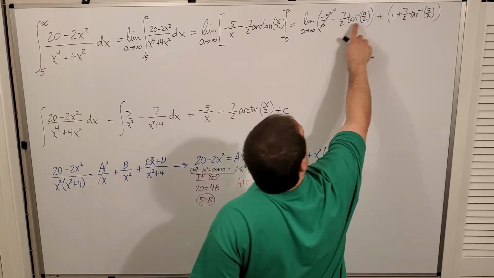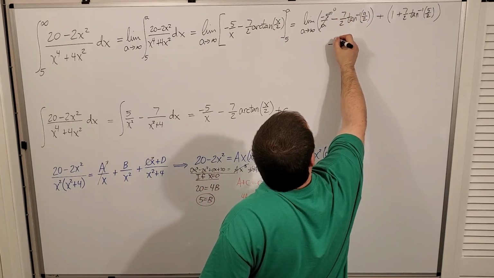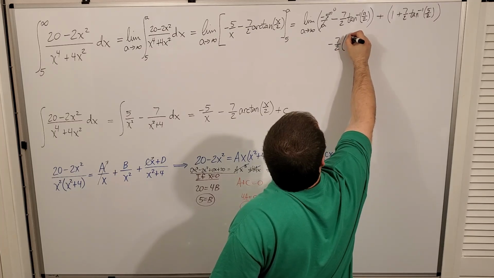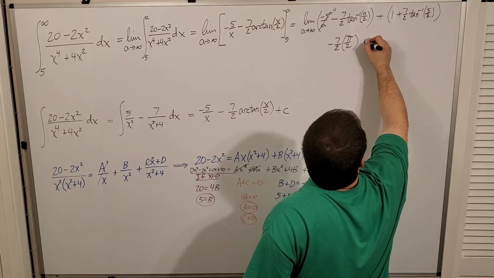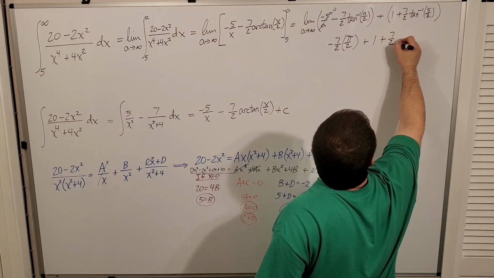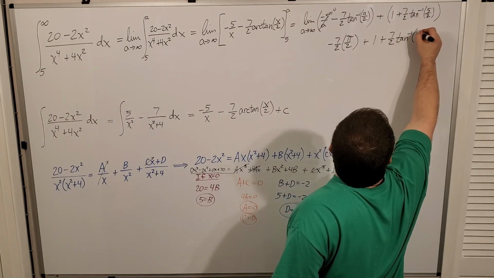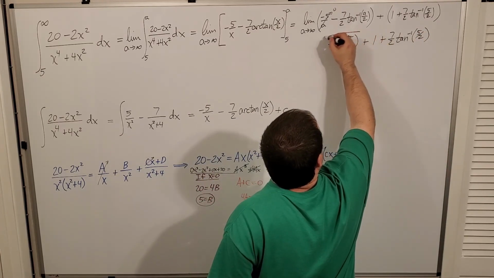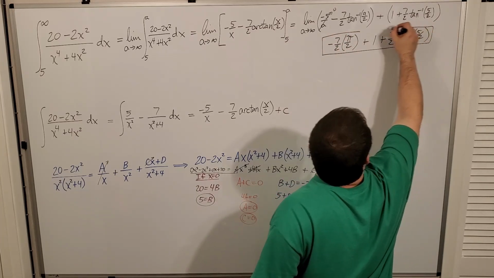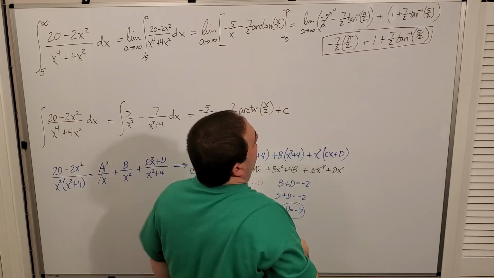Therefore, what I'm left with here is negative 7 over 2 times pi over 2, and then I've got plus all of this. The only thing we could have done here is maybe write negative 7 pi over 4.